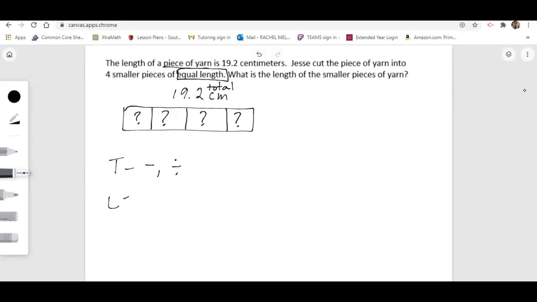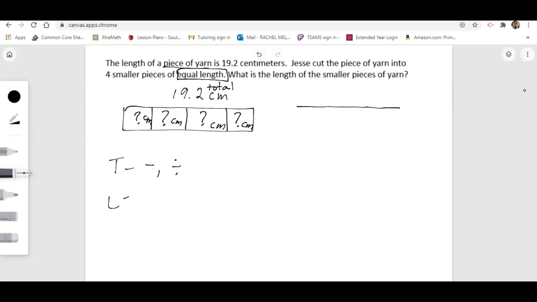Okay. And these are also going to be centimeters. However, these are going to be centimeters for the smaller pieces, right? So this is the total piece of the string, but these are the smaller pieces. And that may be slightly confusing, but that's why I like to draw pictures, you know?